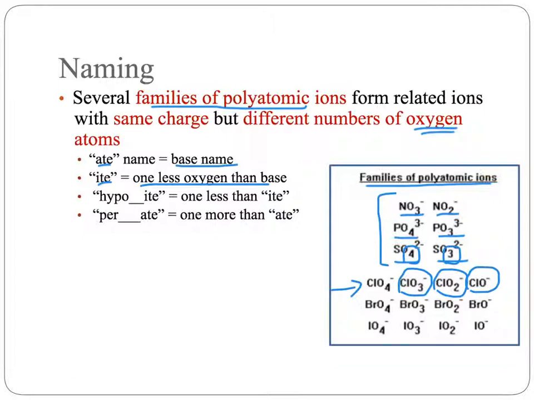You can see it only has 1 oxygen, but the charge remains the same. And then at the other end we have perchlorate, 1 more than the base of chlorate, so we've got ClO4. This same pattern of 4 possibilities goes with our other halogens as well, bromine and iodine.